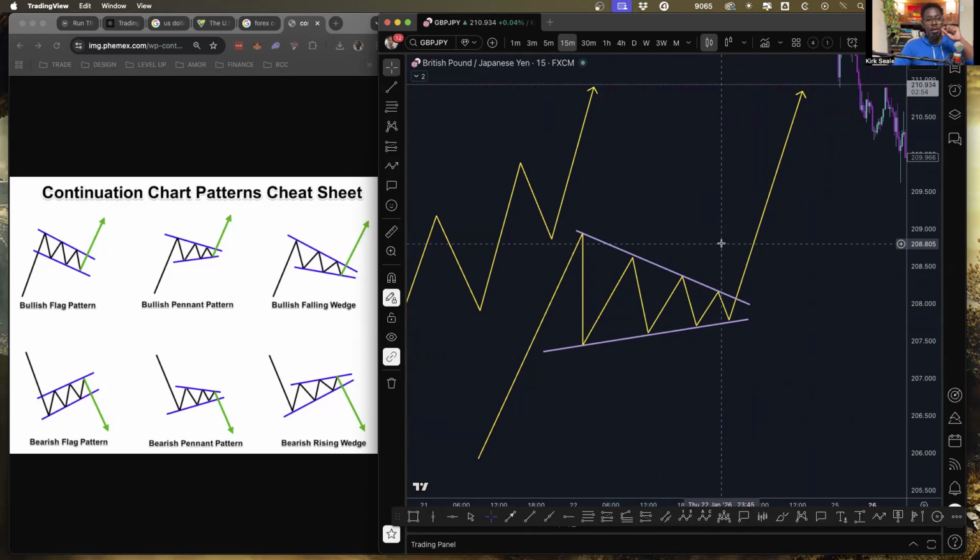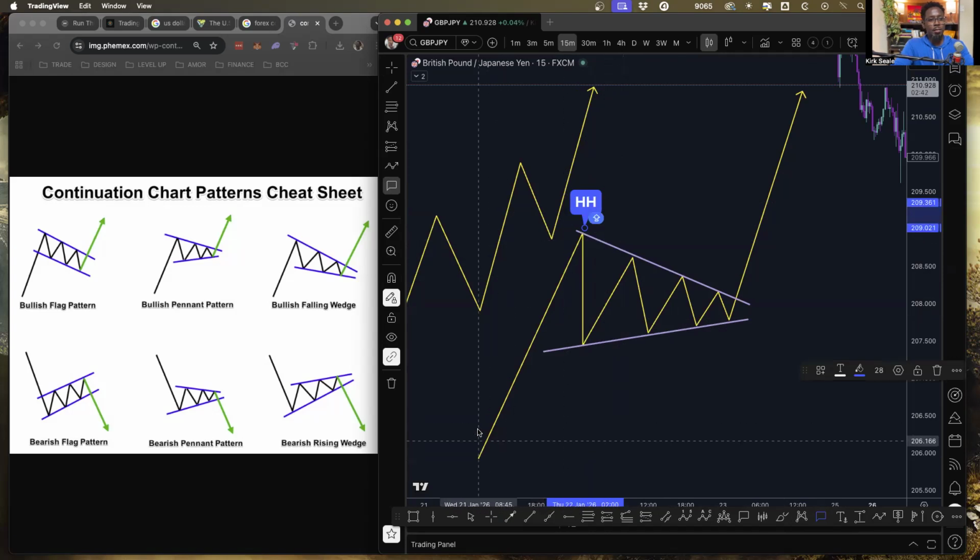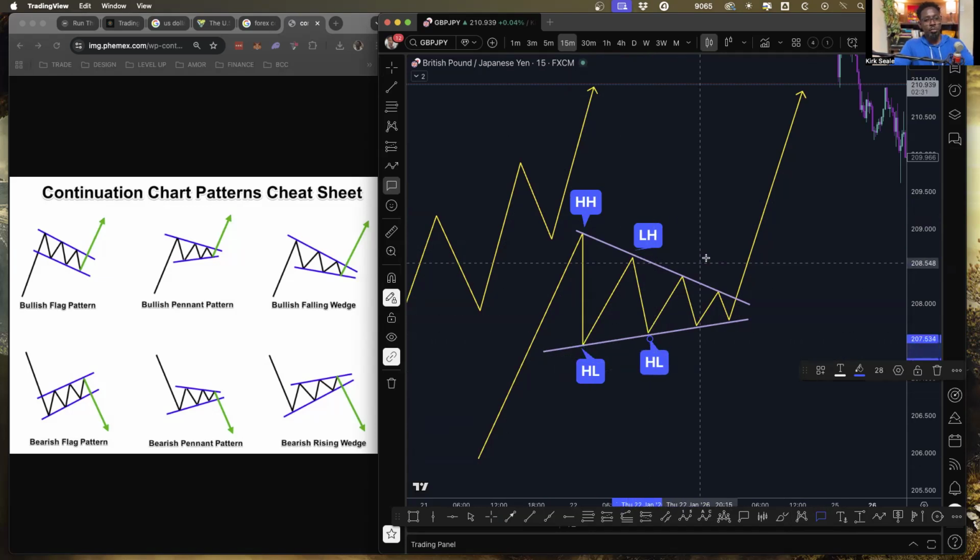As soon as you let that thing go, it just shoots up in the air. This is the structure now of this pennant. You're going to have lower highs and higher lows showing up.